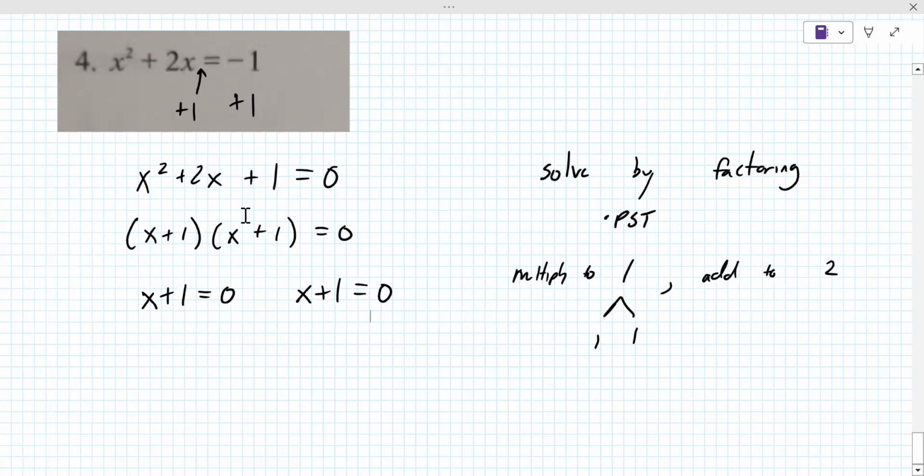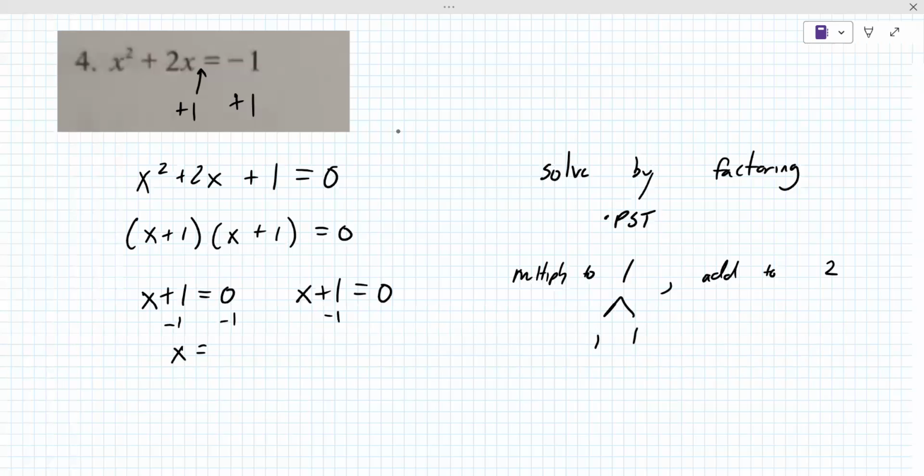Could you solve those for us, please? I would assume I would have to get rid of the 1. That's right. Subtract 1 from both sides.